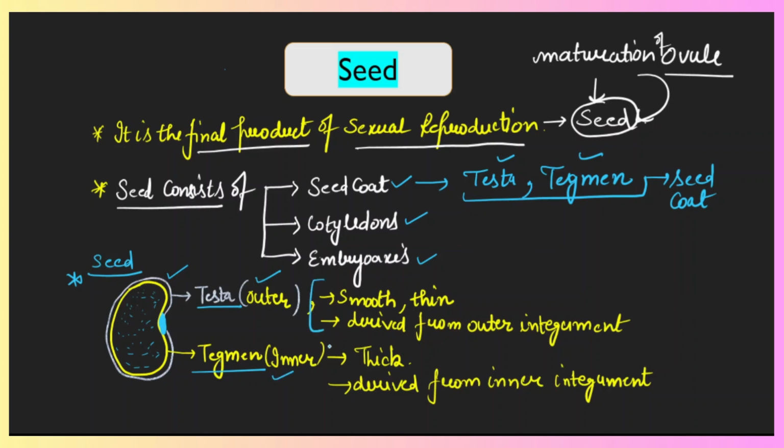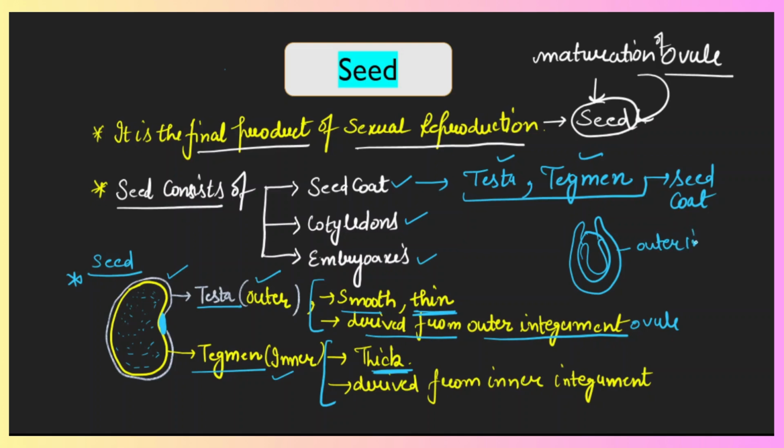Now, some features of each layer: the testa is smooth in nature and thin, and the tegmen is somewhat thicker than the testa. The testa is derived from the outer integument of the ovule. We know that the ovule is covered by the outer integument and the inner integument.